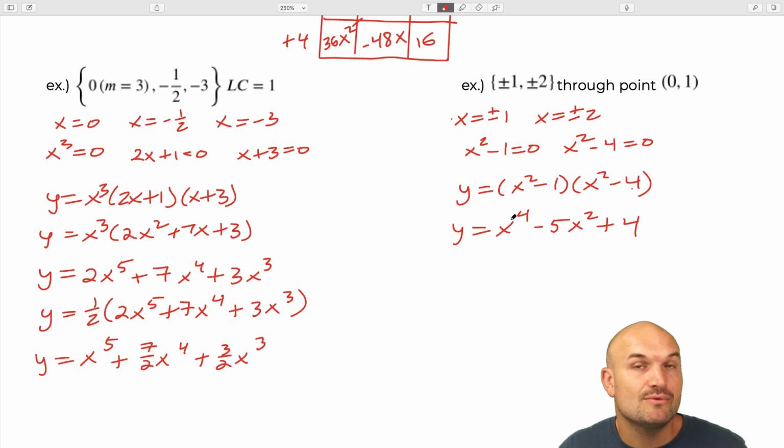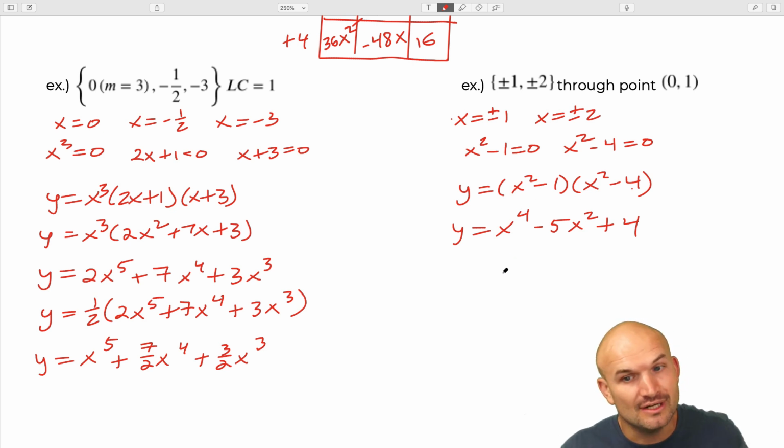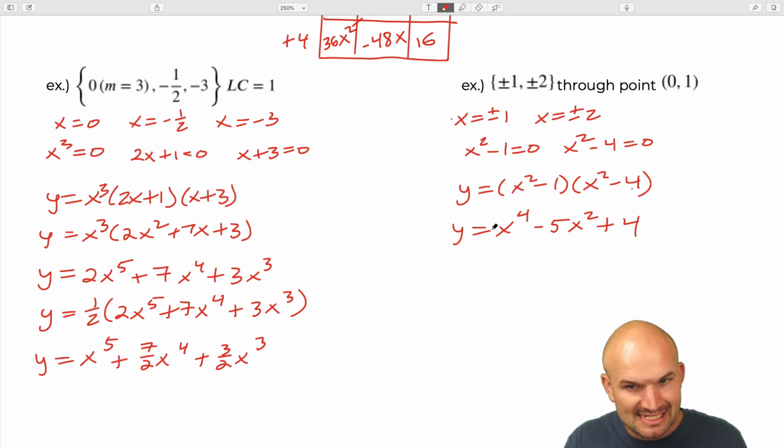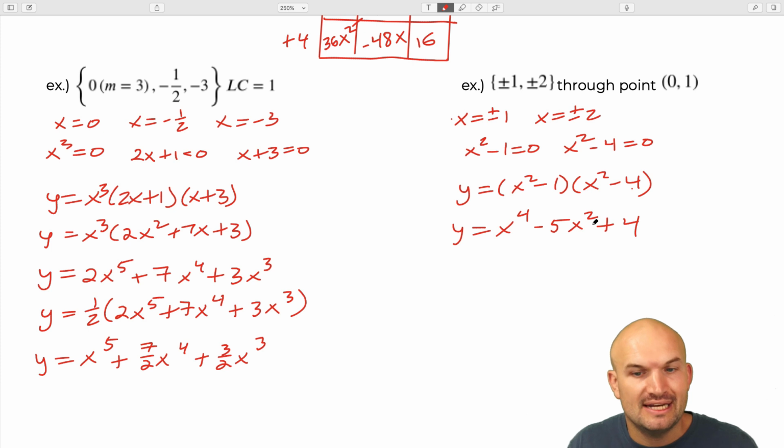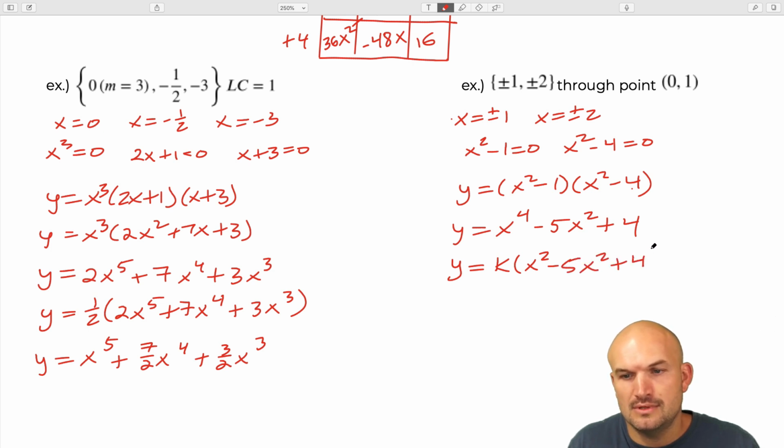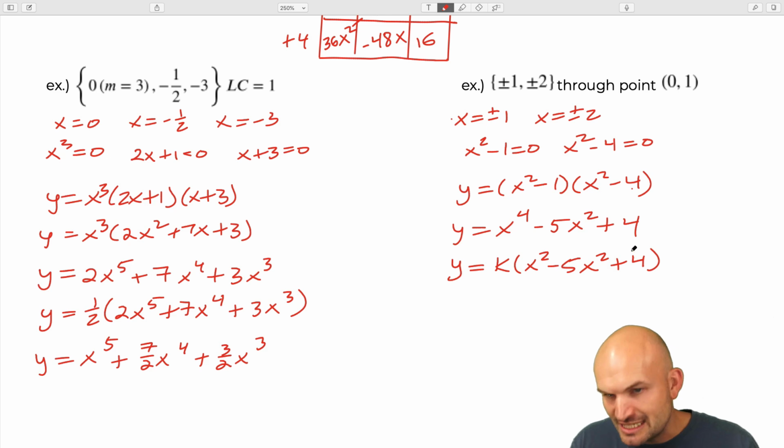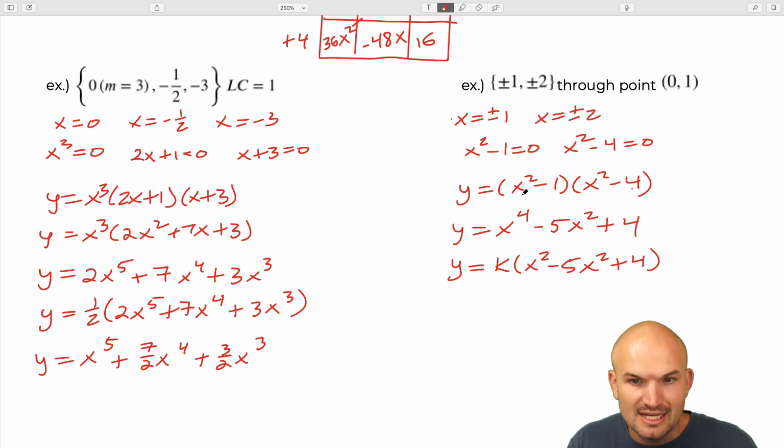Now, the only thing else that we can do to this problem would be, again, change the scalar, right? We can't change the zeros. These have to give us the zeros. The only thing, though, that we can change is giving it a scalar. So what we can do is say, all right, what if that scalar is k? We don't know what that scalar is. But we know that this cannot change because this function gives us those zeros, and we have to have those zeros.